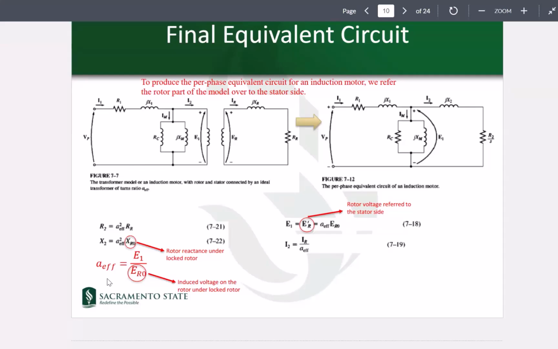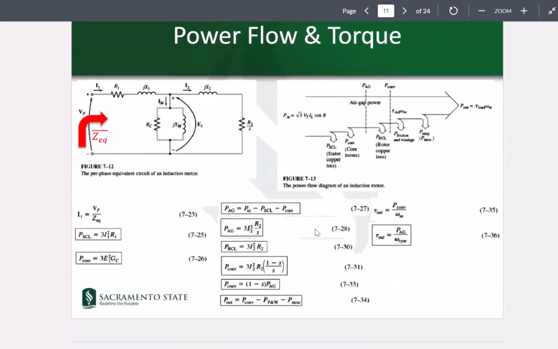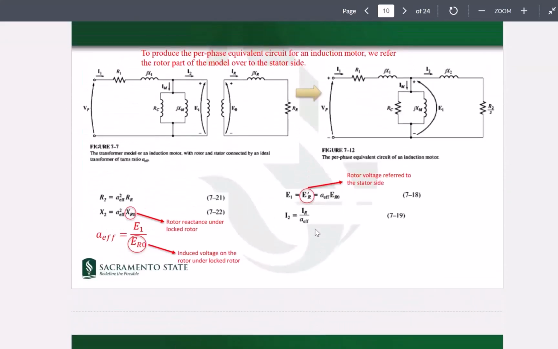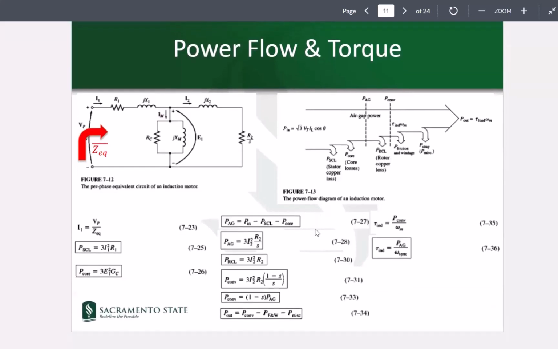R2 would be A effective squared times RR, and X2 would be A effective squared times XR0. All right, and E1 here would be the same as ER prime. ER prime is nothing but ER, which has been transferred to the stator. So all based on transformer relationships. This would be basically the equivalent circuit that we use.